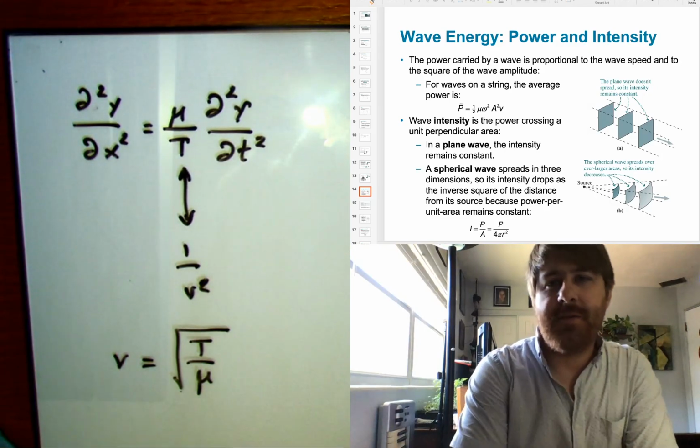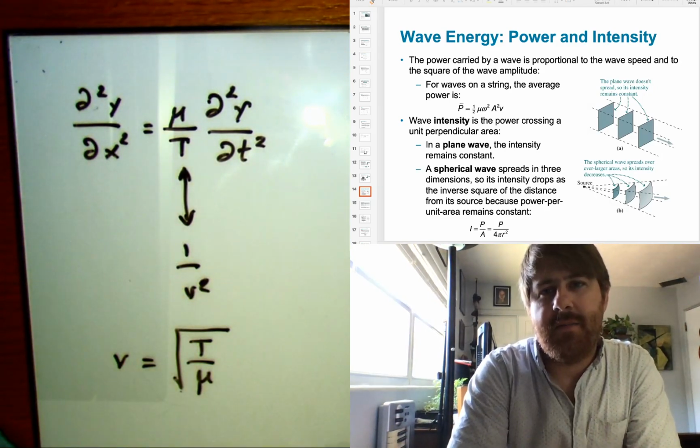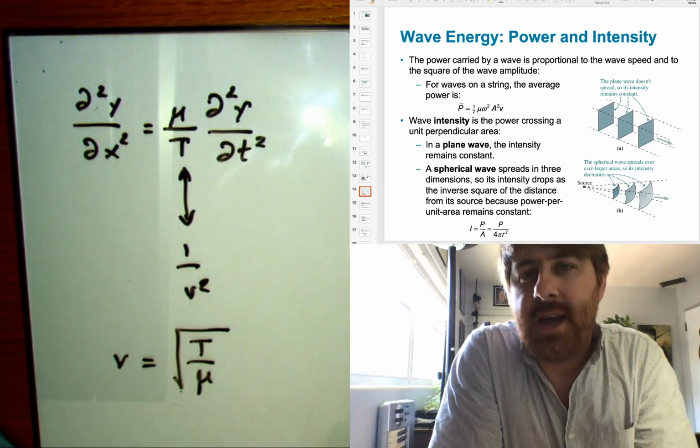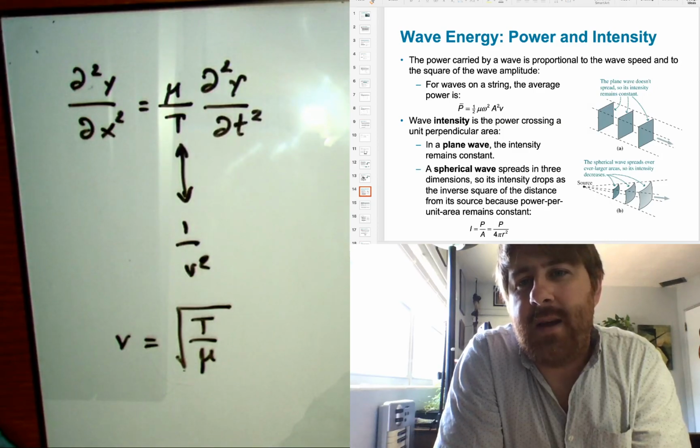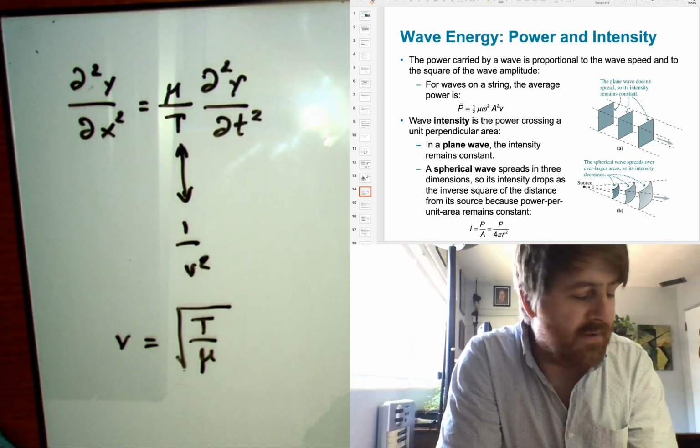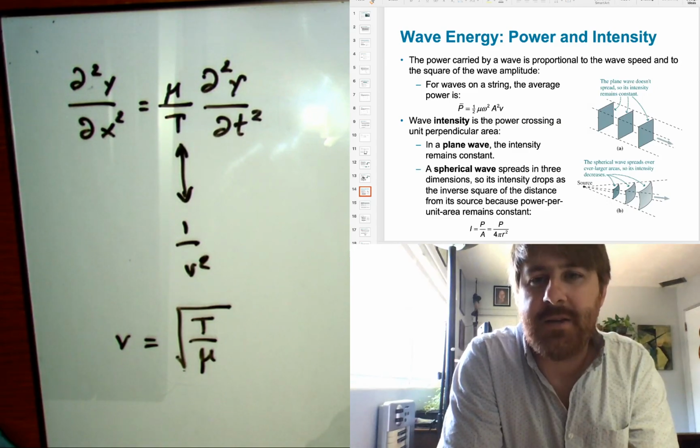I'll let you prove to yourself that the average power in the string is given by 1/2 mu omega squared a squared v. You can do this just by simple integration.